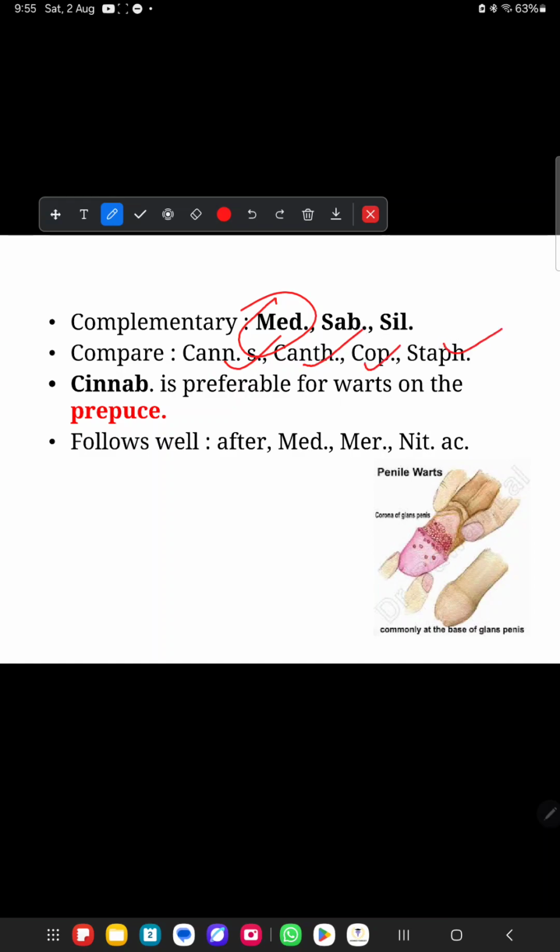And Cinnabaris is having what on the glans, prepuce. Okay, if it is on the prepuce, then we can think about Cinnabaris. But if there is a glans of penis, if there are warts, then we can think about Antimonium tart is the medicine. Okay, Antimonium tart, glans of penis.